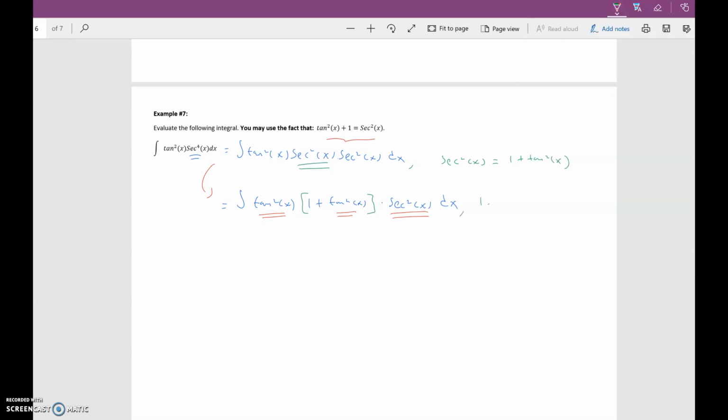So what I'm going to do here is simply let u equal the tangent of x. Now, it's only tangent, not tangent squared, because then that's going to carry the chain rule and it's going to make a bigger mess. So du is actually going to be secant squared of x dx, or du over secant squared of x is equal to dx.